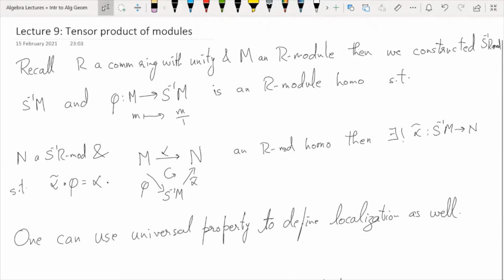One can prove this as a theorem, but the good thing about universal properties is that you can also use them to define the object.